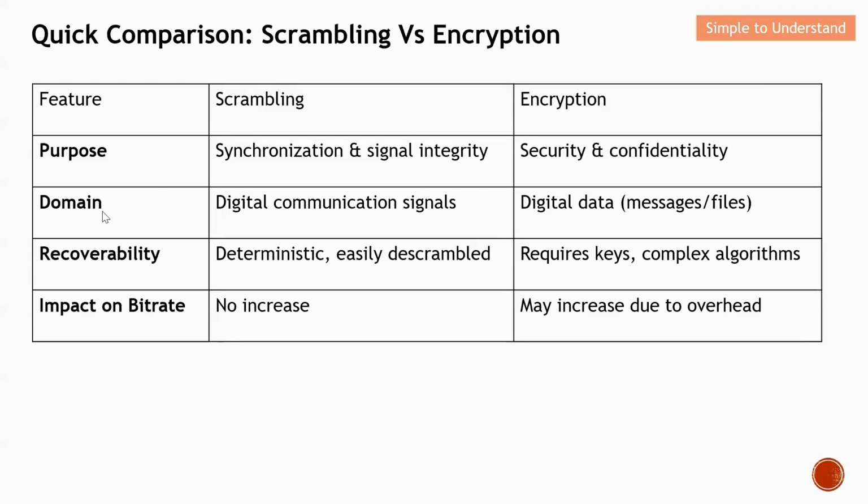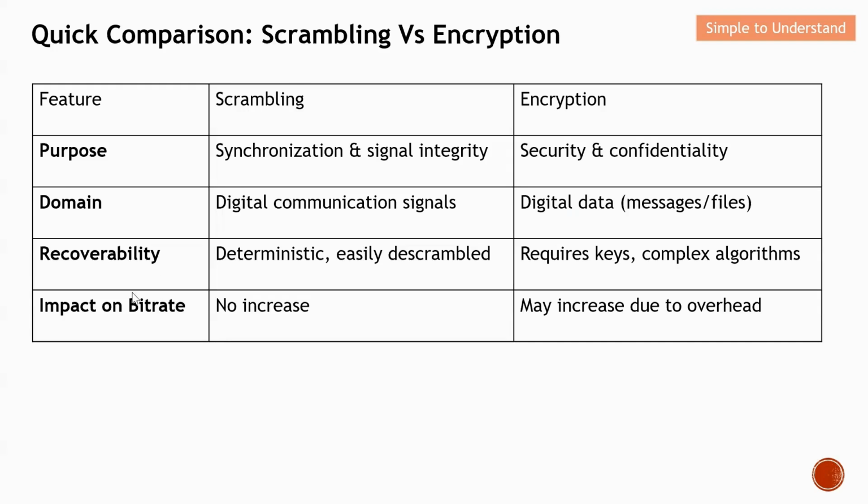In terms of domain, scrambling changes the digital signal, while encryption changes the digital data, which is the 1s and 0s. Coming to recoverability, scrambling is very deterministic and can easily be descrambled at the receiver side. As for encryption, it may require a private key and a public key, and it is a very complex algorithm.